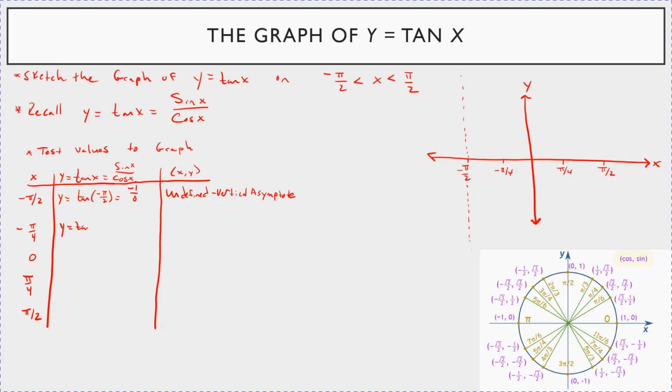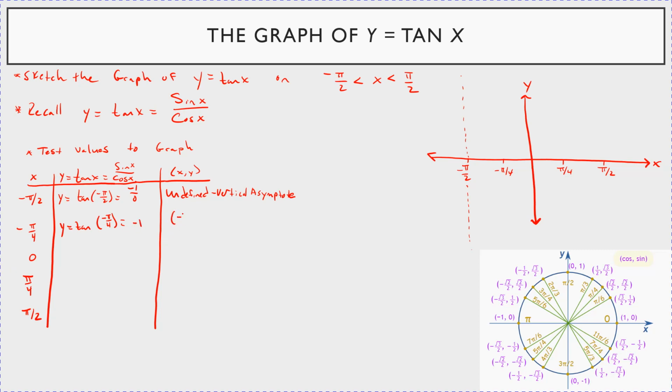Let's see what tangent of negative pi over 4 is. This is negative pi over 4 right here, so that's sine over cosine: negative the square root of 2 over 2 divided by positive the square root of 2 over 2. That's just negative 1.